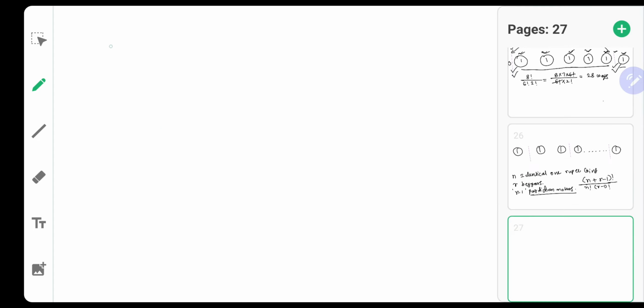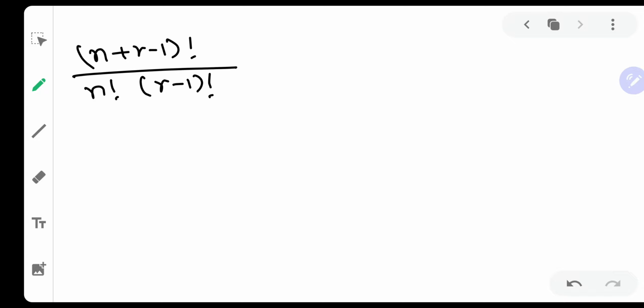Now just have a look at it. I will write it again. So this will be N plus R minus 1 factorial upon N factorial and R minus 1 factorial. Now if you have a proper look, N and R minus 1 are two parts of it.